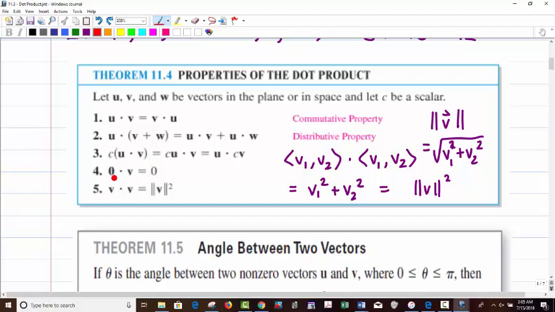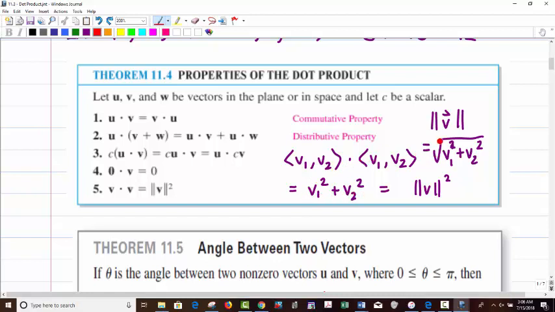So you can see the difference in this book where they use boldface to represent the vector, and that's the number 0. And any vector dotted with itself is the same thing as the magnitude squared, which I just did for two variables here just to show you. So if you had v1, v2, dotted it with v1, v2, you'd have v1 times v1, which is v1 squared, and you have v2 times v2, which is v2 squared.